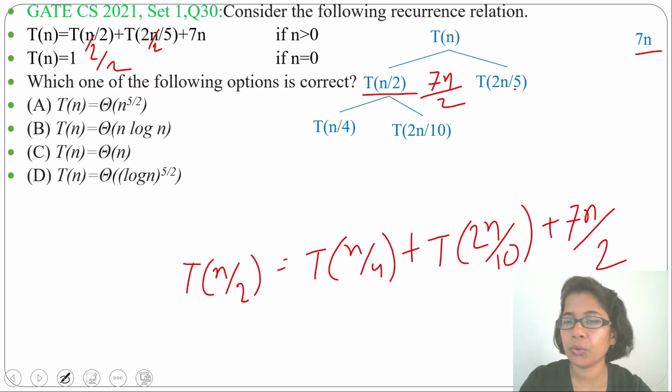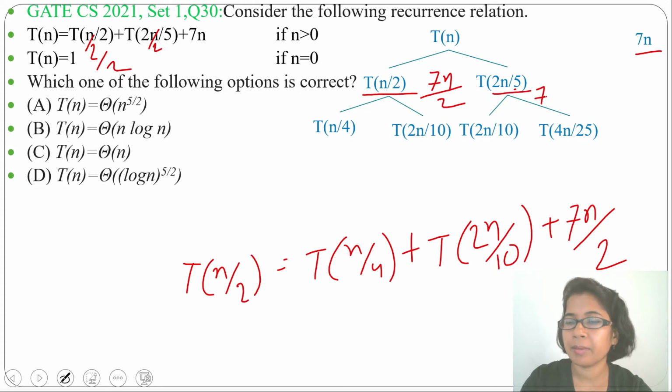Next, time for 2n divide 5 will be time for 2n divide 5 divide 2. It will be 2n divide 10 plus time for 4n divide 25. 2n divide 5 multiplication 2 by 5 will be 4n divide 25, plus 7 multiplication this.